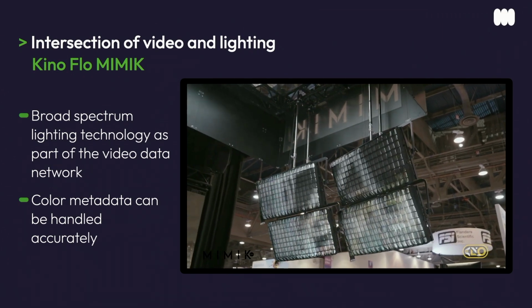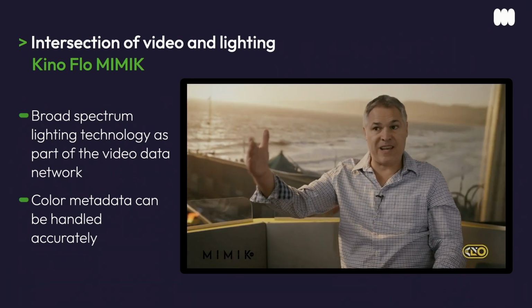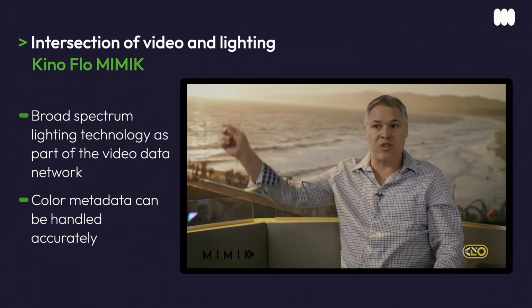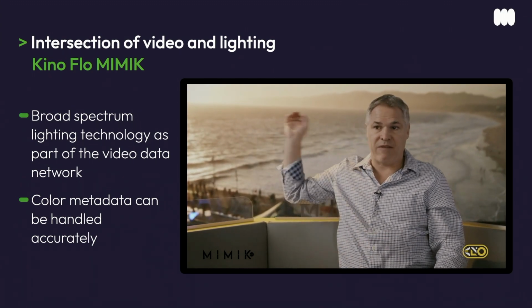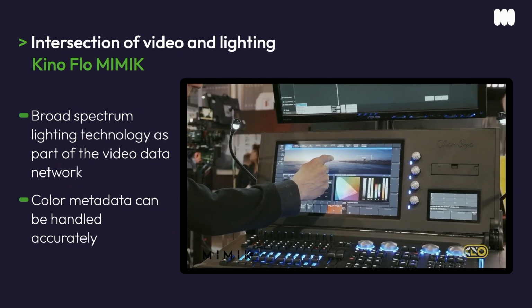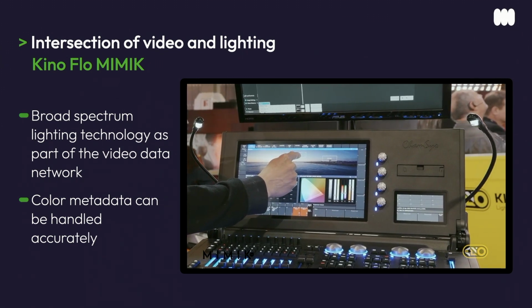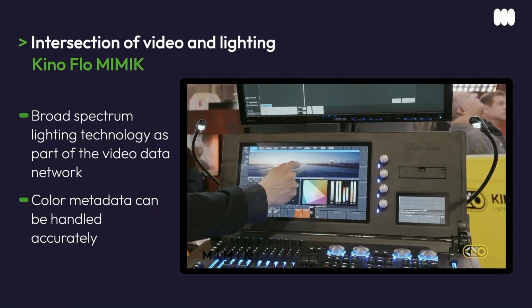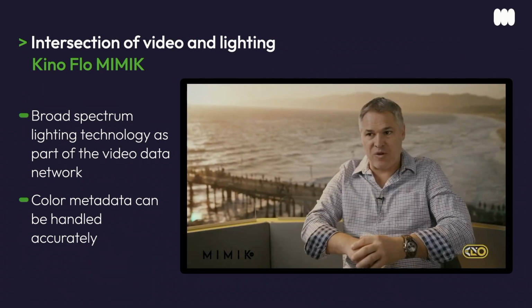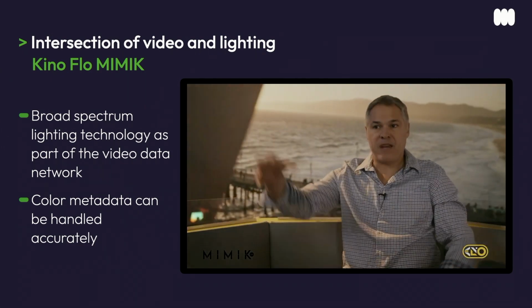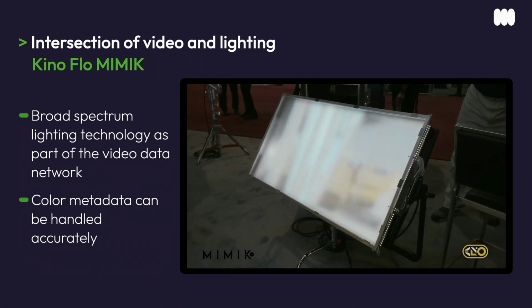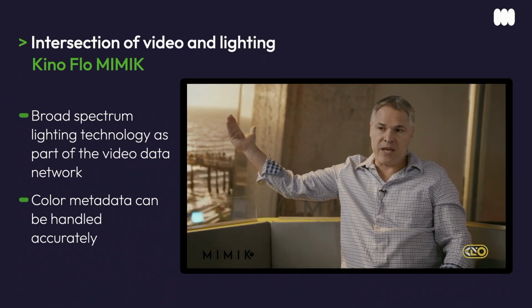With this particular fixture, it's running our processing inside of it, but there's a 3D LUT that analyzes every single incoming video pixel and determines, based on the color that's being requested, how that pixel can use the 5 primaries to achieve the broadest spectrum possible so that it can illuminate people properly.